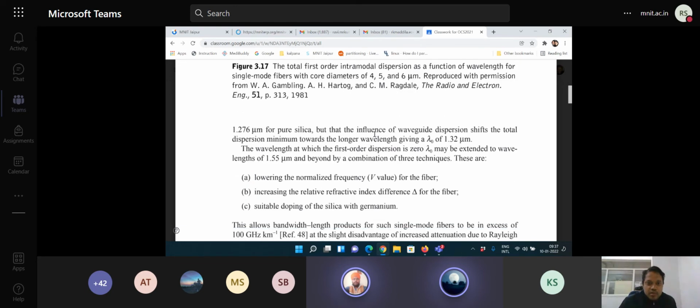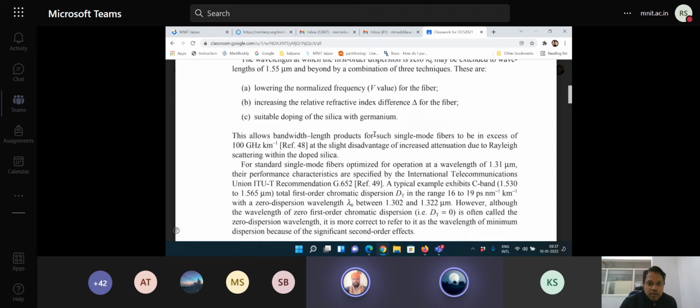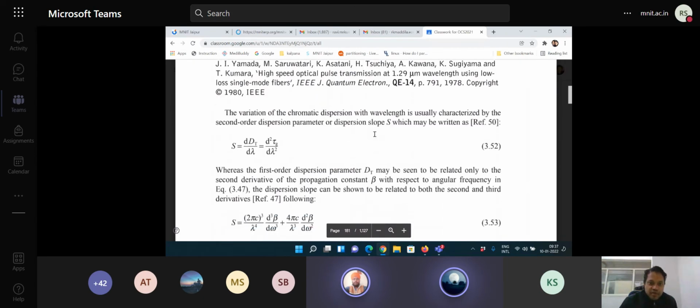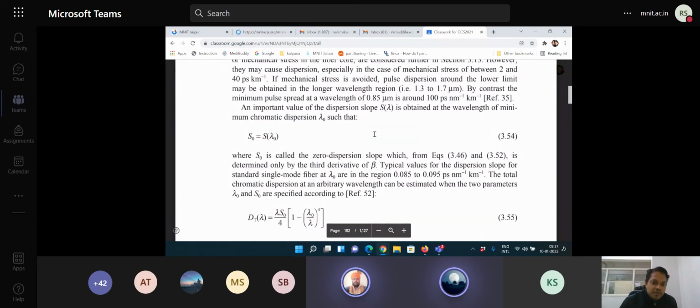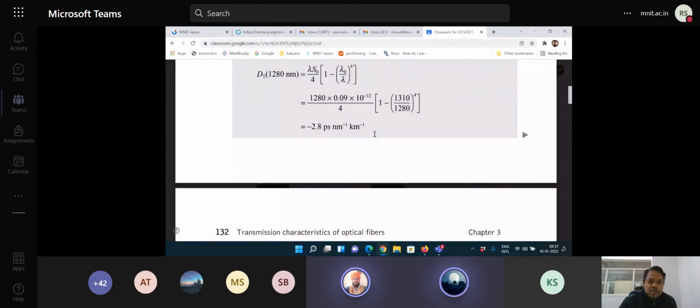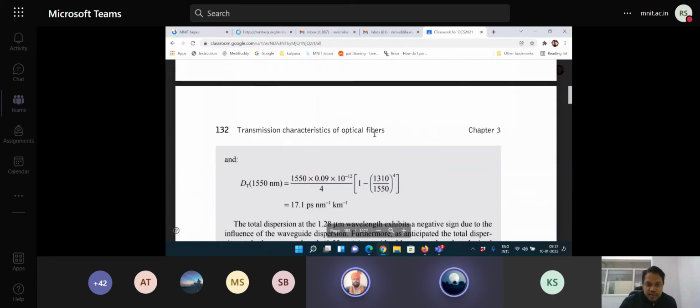So this is about the zero dispersion wavelength. But when you're using the same fiber at other wavelengths, the dispersion would be present.